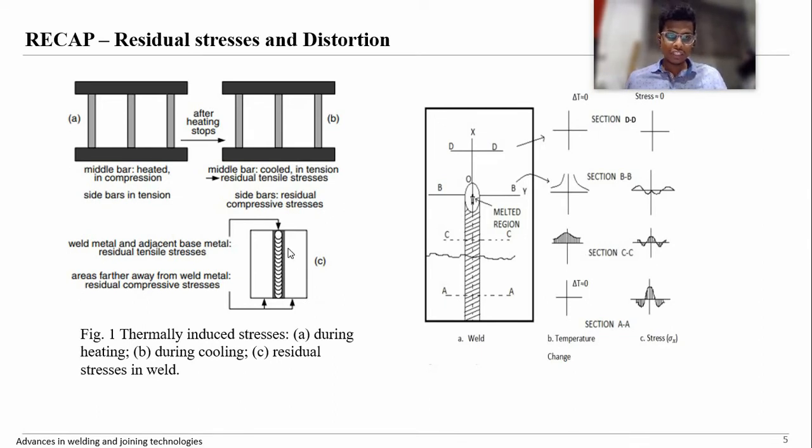Because of the resistance offered by the base plate, there will be tensile stress in the weld metal and the region adjacent to the weld metal, and farther away from the weld joint in the base plate, there will be compressive stresses generated to balance the tensile stress.